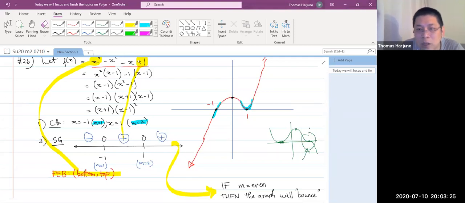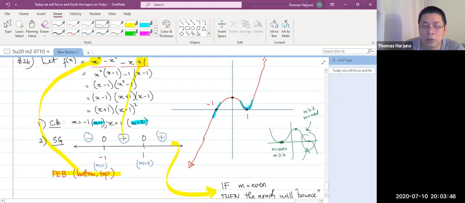So this must be an odd multiplicity, and it must be at least 3. It's either 3 or 5. Now this one here is even, because it behaves like that, so the multiplicity is at least 2. So this polynomial must have total multiplicity at least 5.